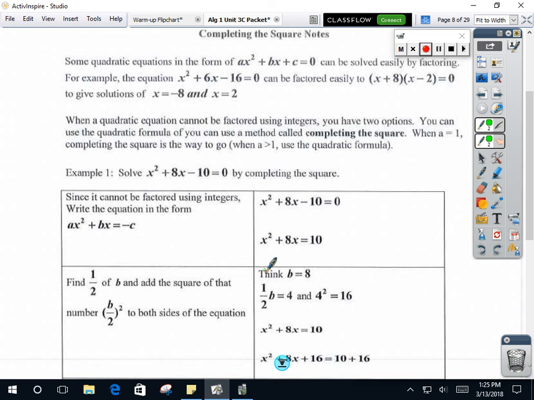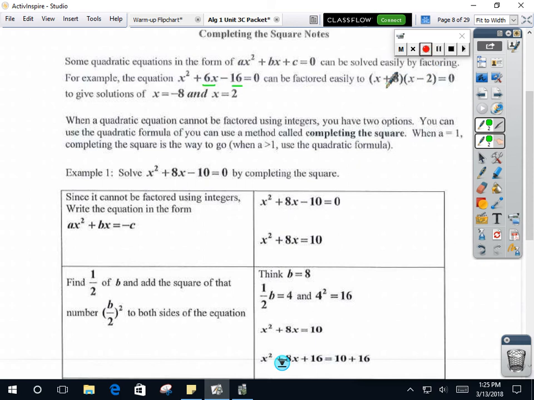Okay, page 6, here we go. Some quadratic equations in the form ax squared plus bx plus c can be solved easily by factoring. For example, the equation x squared plus 6x minus 16 can be factored into x plus 8 times x minus 2, because 8 times negative 2 is negative 16, and 8 plus a negative 2 is positive 6.